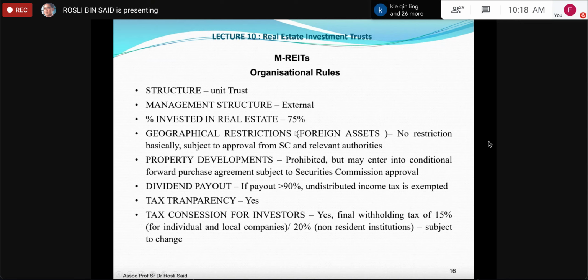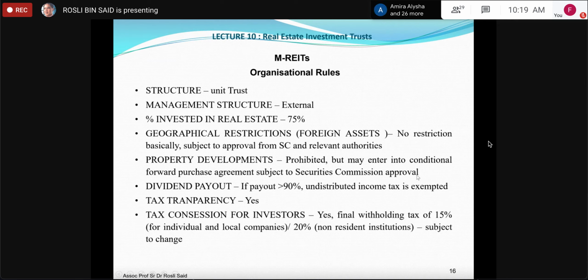The percent invested in real estate must be at least 75%. And the geographical restriction: no restriction for Malaysian REITs, but subject to approval from the Securities Commission. And property development, as I said just now, is prohibited, but they may enter into a conditional forward purchase agreement subject to Securities Commission approval.